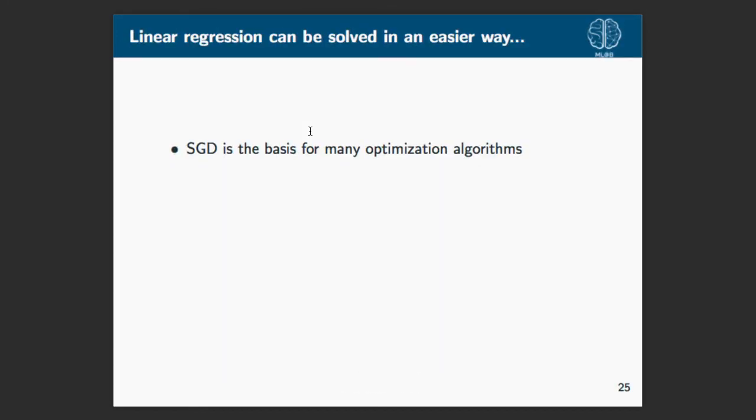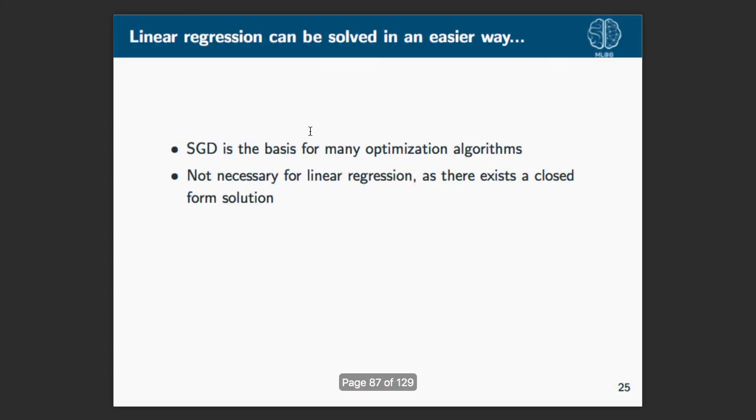Okay, so SGD, or stochastic gradient descent, is the basis for a lot of optimization algorithms. As you saw, it's not necessary for linear regression because we saw a closed form solution where you can just plug in some numbers and you'll get out the right answer. But it's really easy to understand what SGD is doing in the linear regression case because it's so simple.